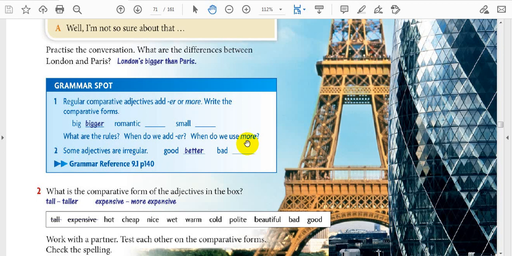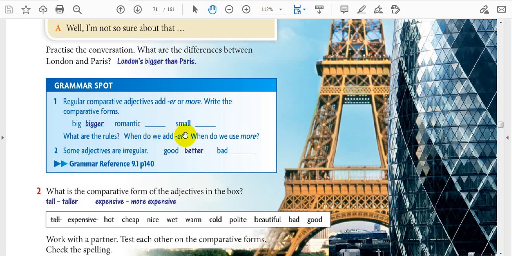Since the G here has a vowel before it, between two consonant sounds, لذلك نضاعف الحرف الصحيح الأخير ونضيف ER. أما romantic فتتكون من أكثر من syllable واحد. It has 3 syllables, so we add more: more romantic.